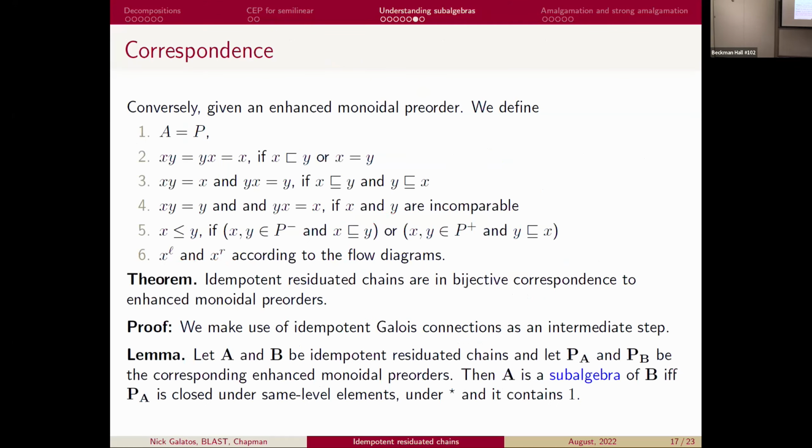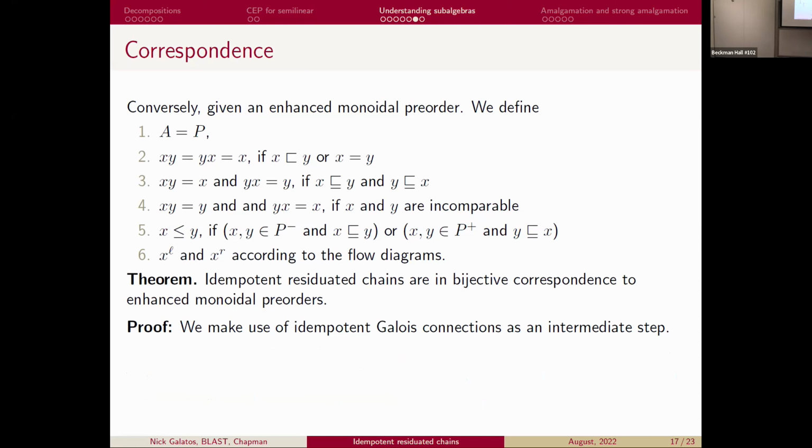So for example, let me just say here that if I have two of these algebras and I want to know when the corresponding preorders, when one is a subalgebra of the other, I just look at the corresponding P sub A, and P sub A has to be closed under same level elements, under the star, and it has to contain 1.